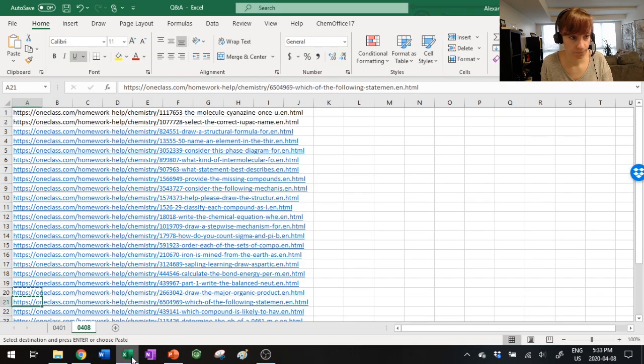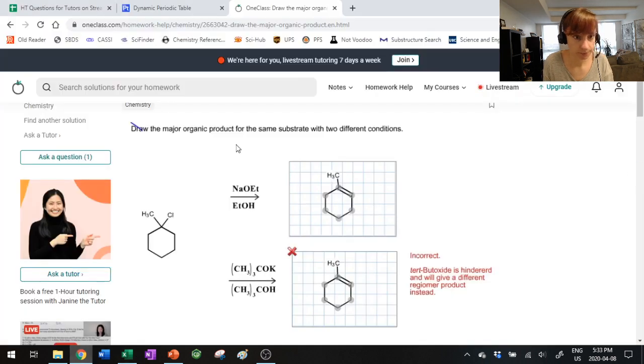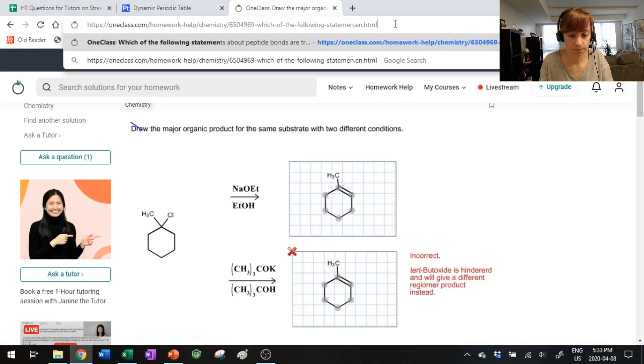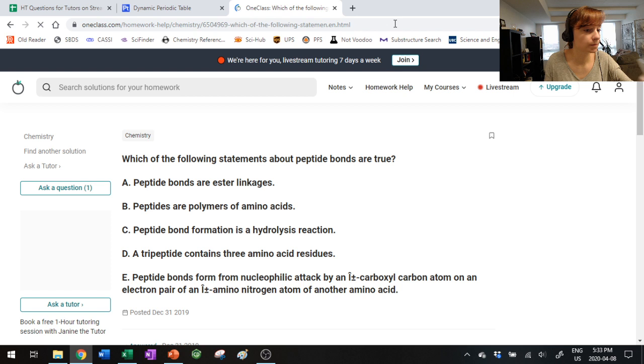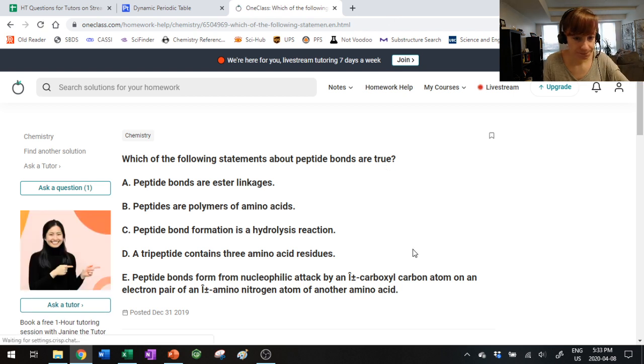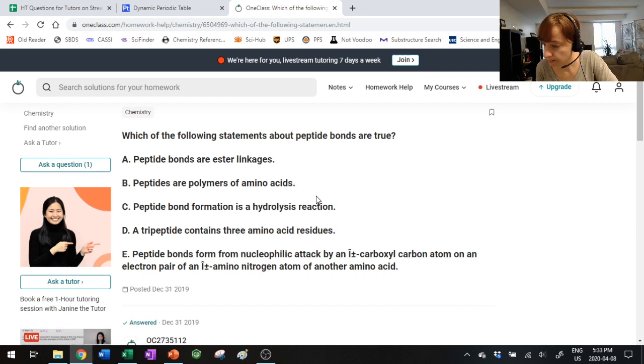Okay. Next question. Which of the following statements about peptide bonds are true? A, peptide bonds are ester linkages.